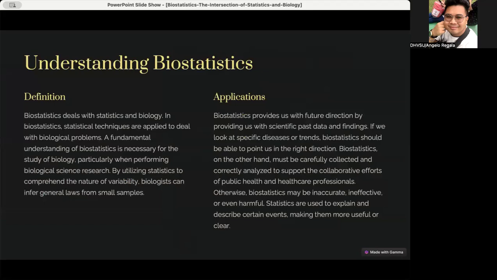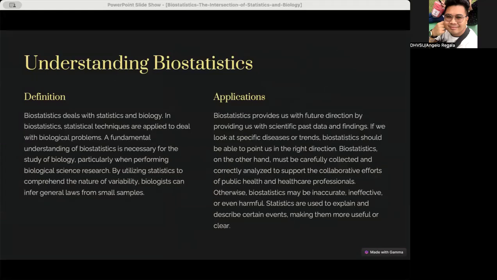By definition, when we talk about biostatistics, we deal with statistics and biology. In biostatistics, statistical techniques are applied to deal with biological problems like diseases or developing a new medicine or vaccine.